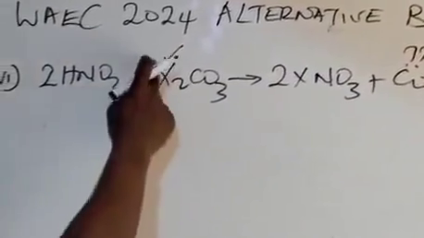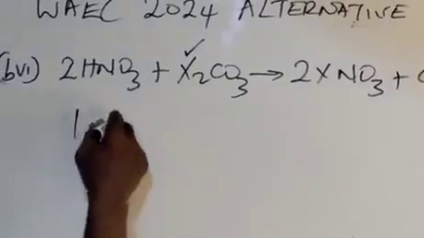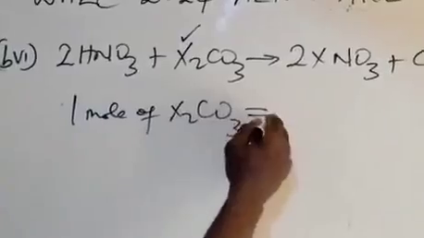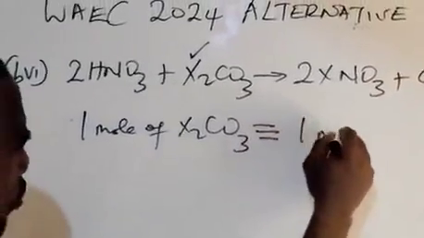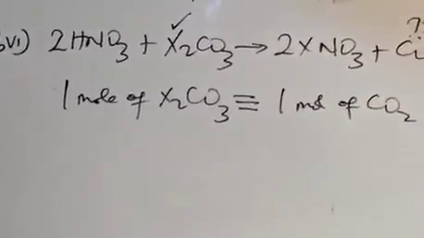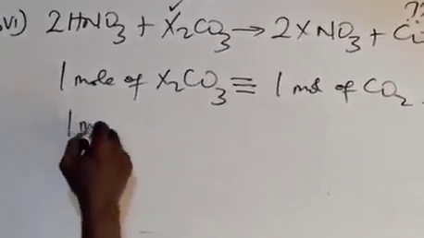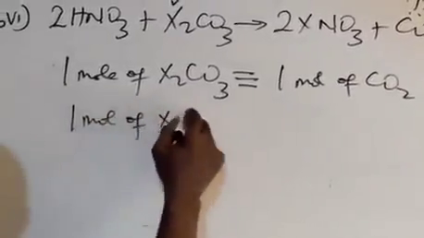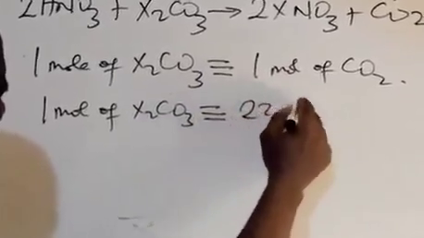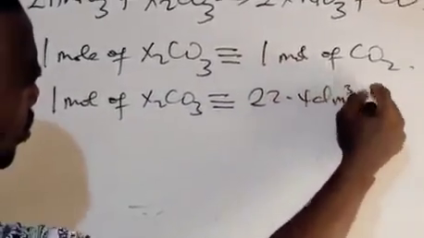So 1 mole of the carbonate, S2CO3, liberates 1 mole of CO2. Then we can also say 1 mole of a gas at STP is 22.4 dm cube of CO2.